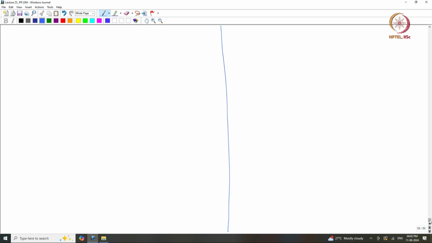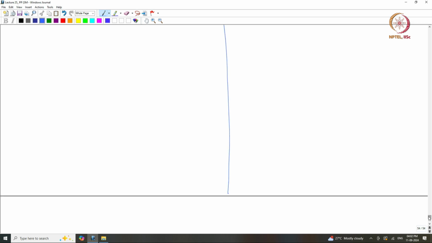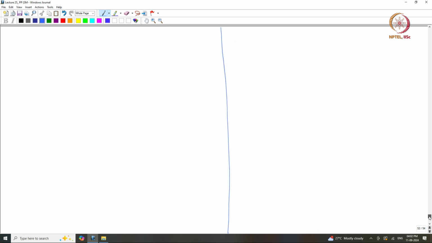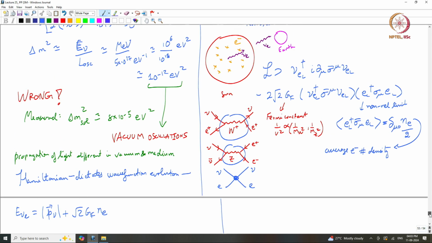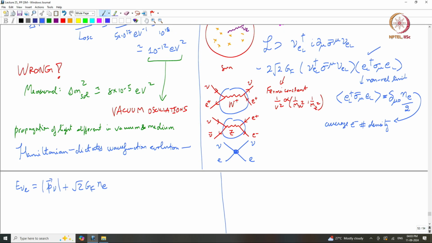I am not going to go through the steps, that should be trivial, but that can now of course be put into a Hamiltonian, and you will see that because it is in the Hamiltonian, the electron neutrino energy is now not just this, not just the momentum, of course this is at relativistic speeds, but also a factor of the number density of electrons that comes from this term.